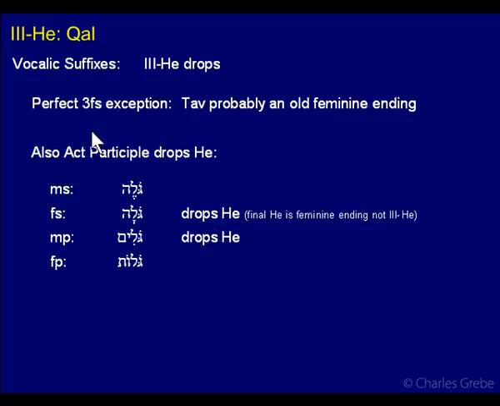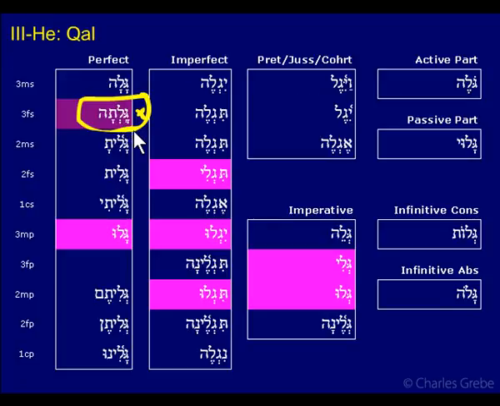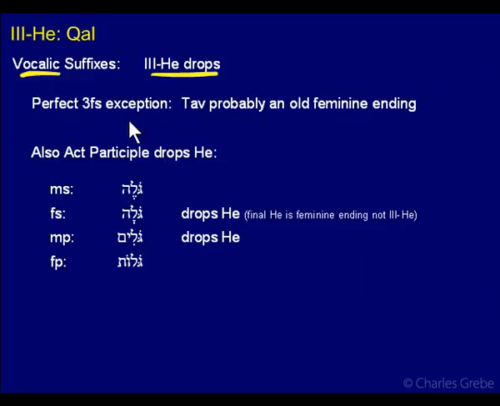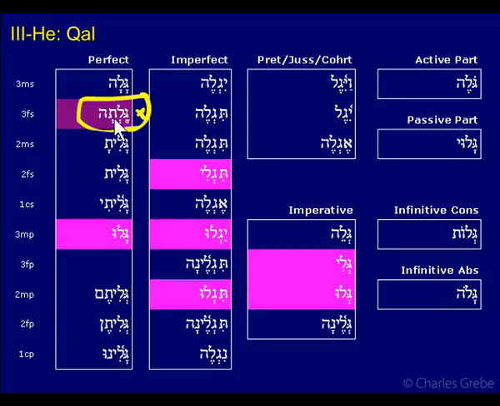So to summarize here again, this is rule number 2 with vocalic suffixes. What happens with them? The hey drops. The perfect 3fs is an exception. That's this guy, okay, or this gal, I suppose. It's feminine. Perfect 3fs. Tav is probably an old feminine ending. That's this tav here. Okay, so that one's different.